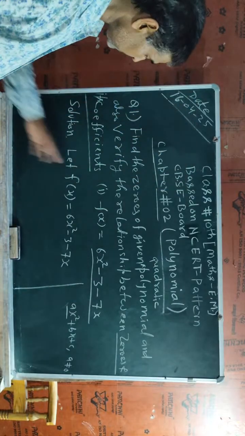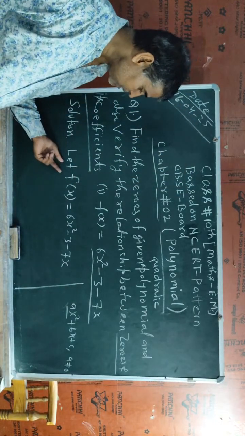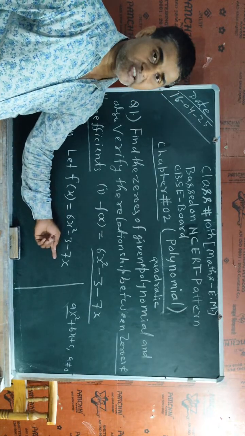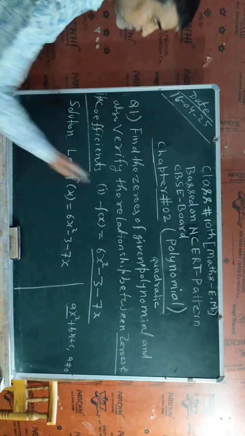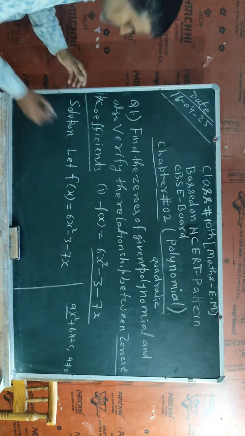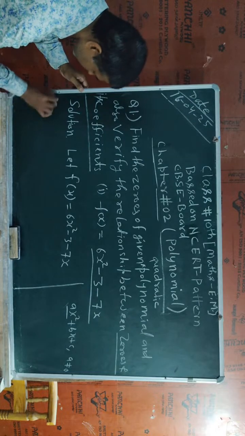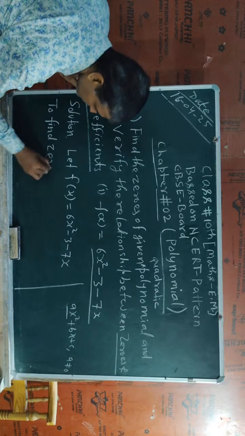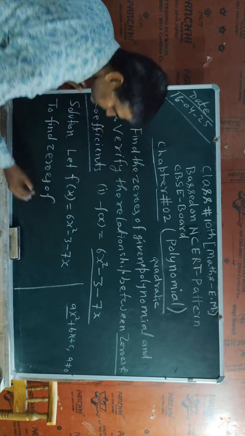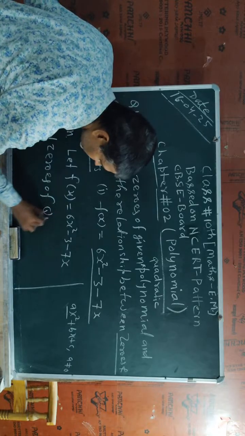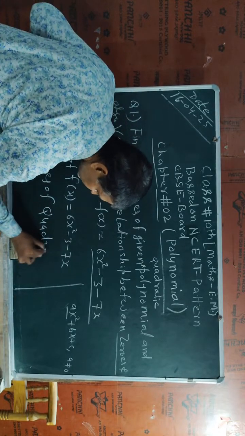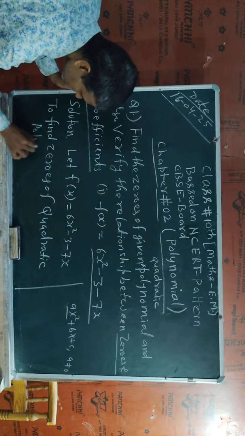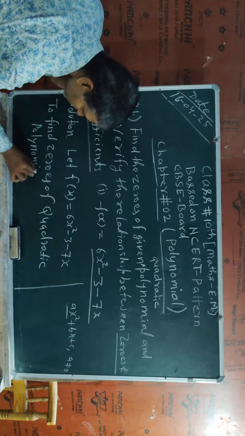Okay, students. Now in the first step I have to put f of x is equal to 6x square minus 3 minus 7x. Okay, student. And in the second step, you have to find the zeros of the quadratic polynomial.